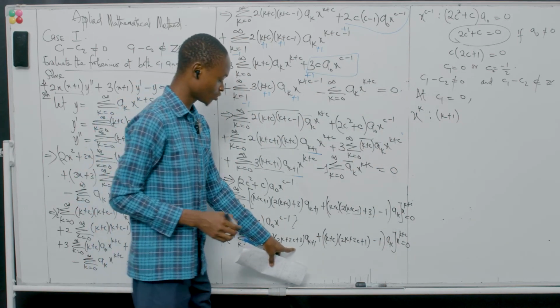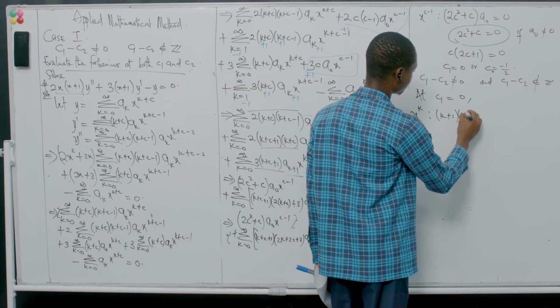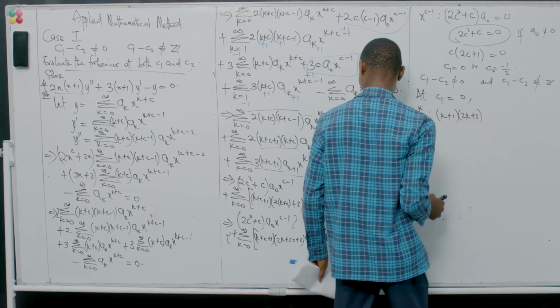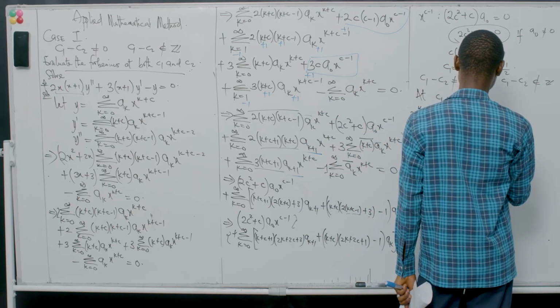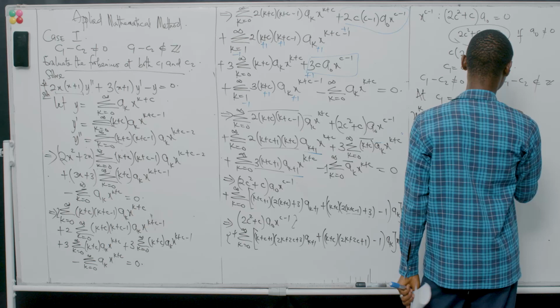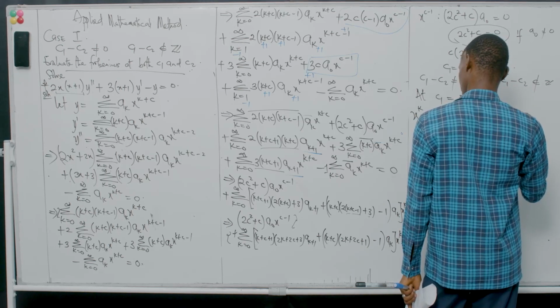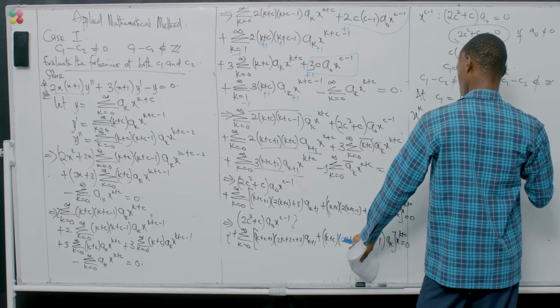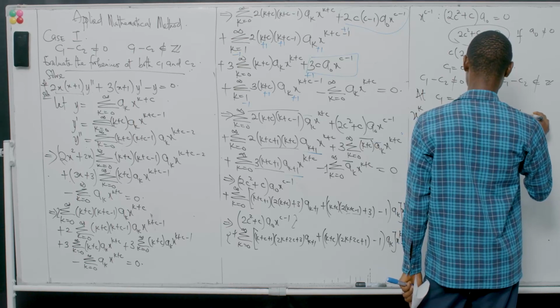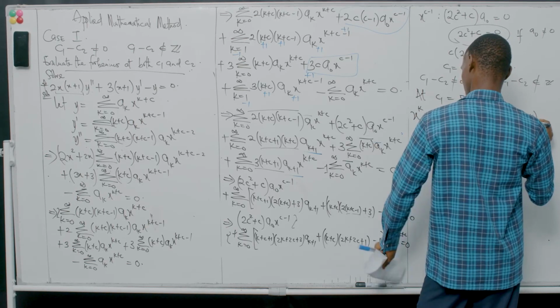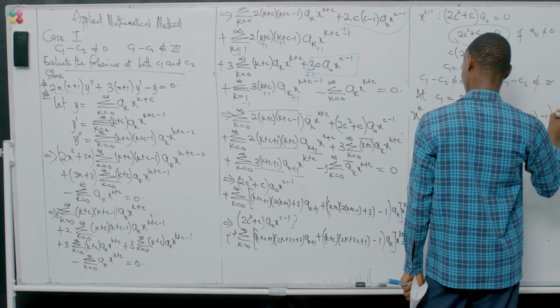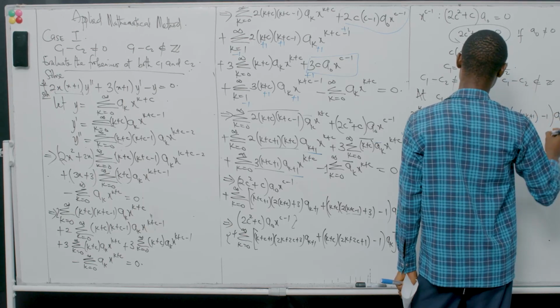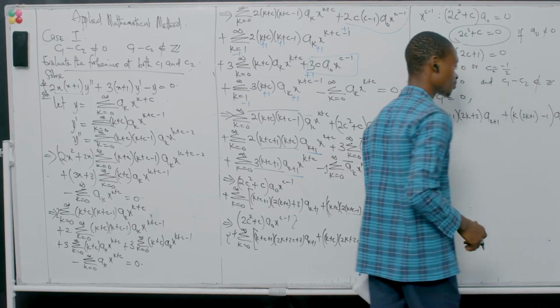This place will become 2k plus 3. This one is still a_{k+1}. Here will now become plus k into 2k plus 1, right, minus 1, all of it into a_k. And of course, this is equal to 0.